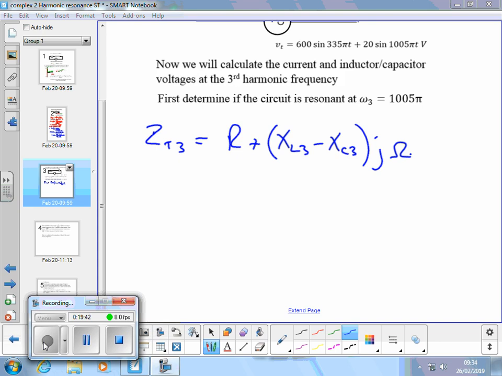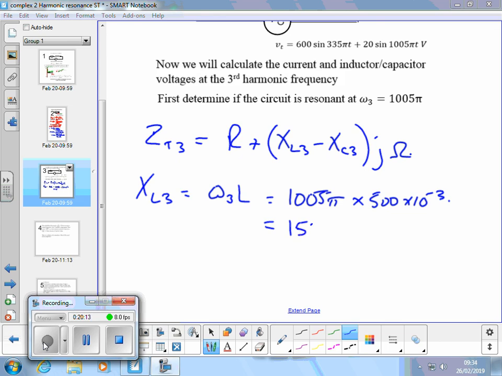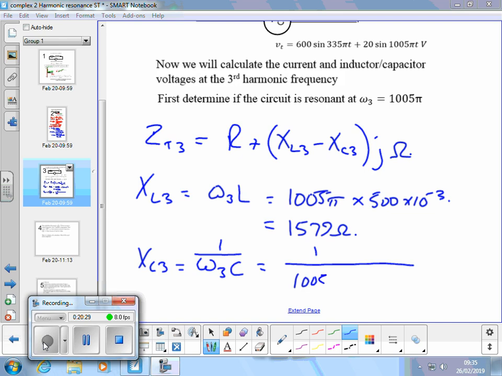Good start. 1.1579 ohms. Yep. XC3 is 1 over 1005 pi.